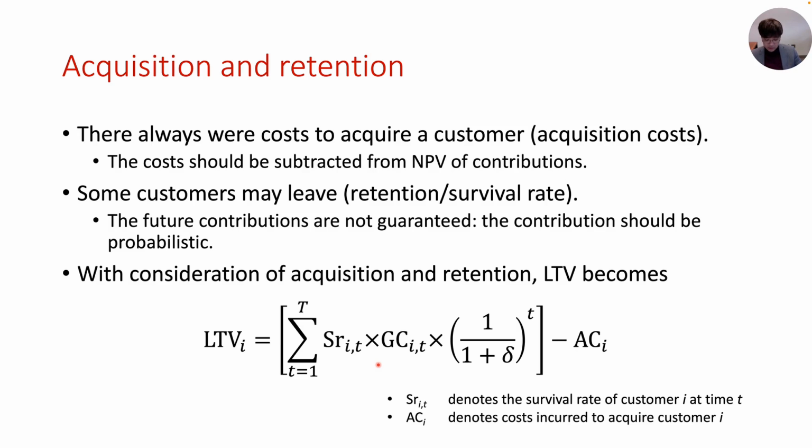For example, suppose that there is a customer who is expected to generate $1,000 of profits in the next year. But the $1,000 expectation is valid only if she will stay next year for sure. If she will leave next year for sure, it is reasonable to expect nothing rather than $1,000.